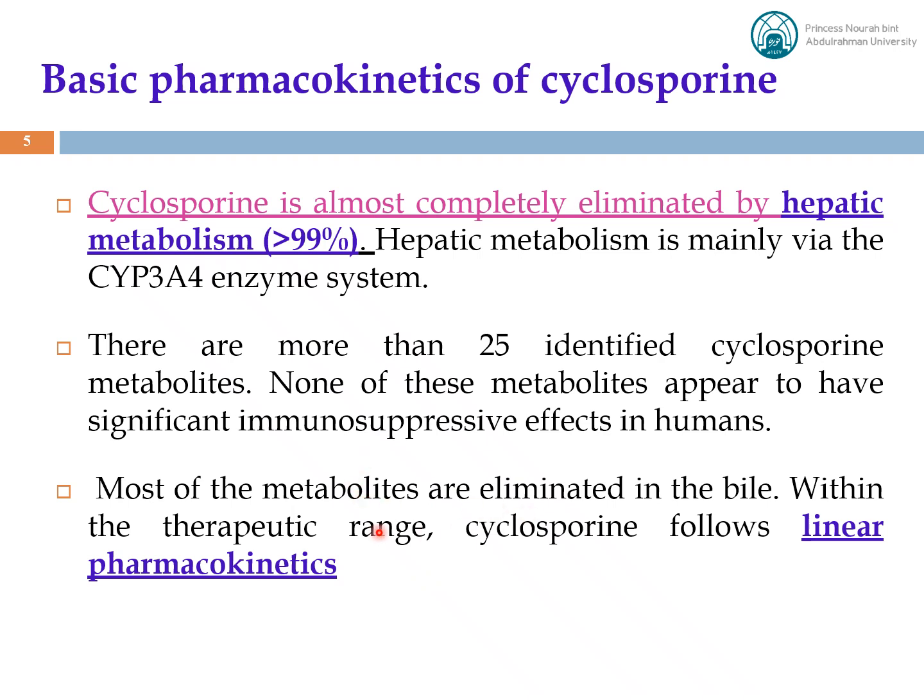Within the therapeutic range, cyclosporin follows linear pharmacokinetics. So it is mainly eliminated through the hepatic route, and any problems in hepatic conditions will require adjustments for cyclosporin after administration.